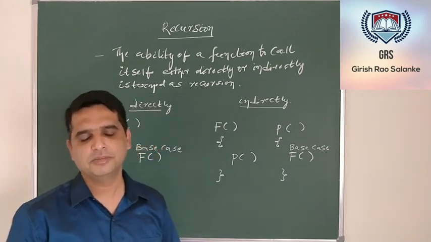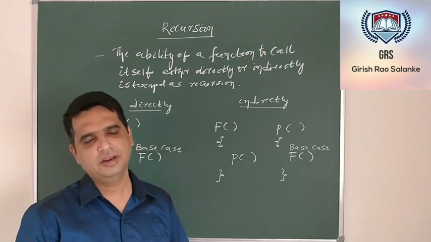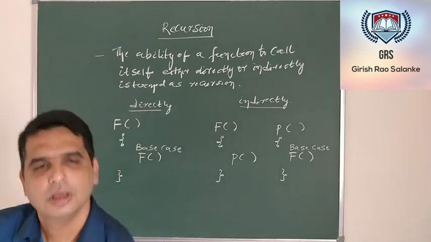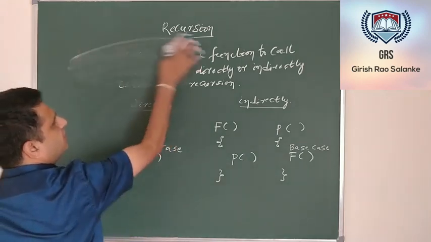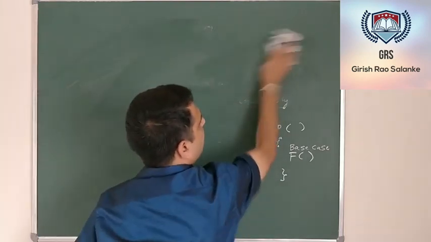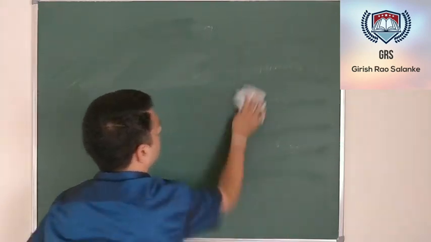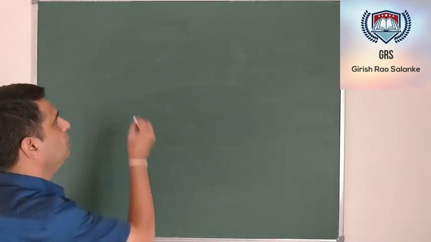We'll start with some small examples of recursion. The most common recursive function that we can think of is the factorial of a number.